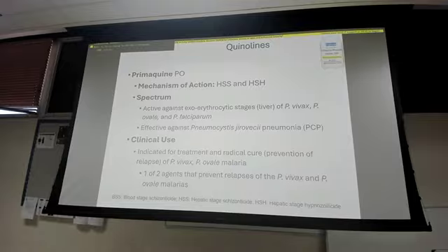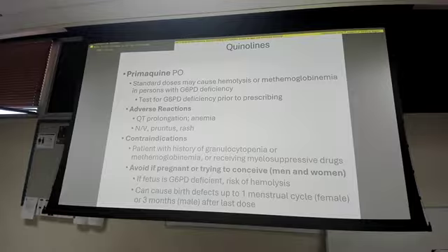So for the Primaquine, the standard dose is going to cause hemolysis, and I believe all of us know what that is, so I'm not going to even explain it. For people that have G6PD deficiency, it's going to cause methemoglobinemia.